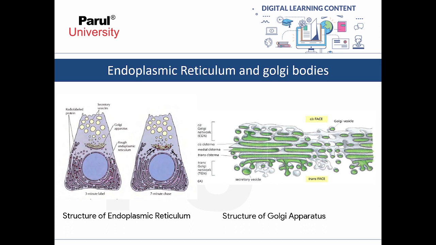Similarly, secretory proteins that are made in high concentration may leave the ER without the help of exit signals or cargo receptors. The exit signals that direct soluble proteins out of the ER for transport to the Golgi apparatus and beyond are not well understood.